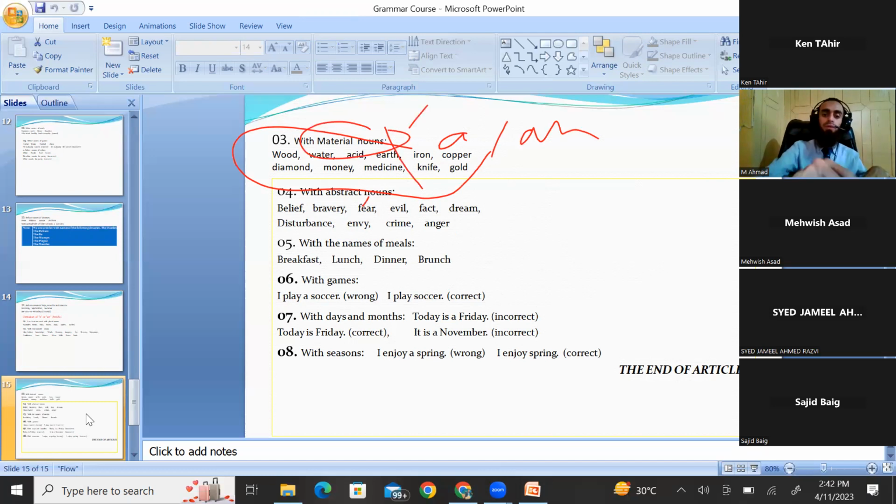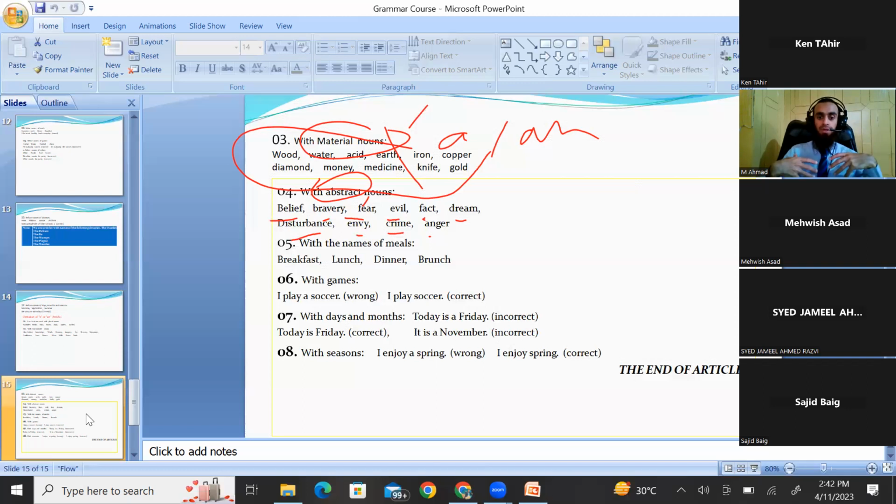With abstract nouns, we cannot use the, as well as a or an. For example, belief, bravery, fear, evil, fact, dream, disturbance, envy, crime, anger. These are things we cannot perceive with the five senses: to touch, see, smell, hear, feel.